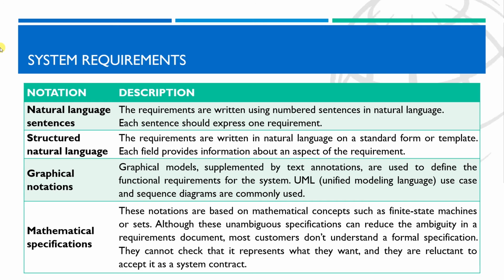Ideally, the system requirements should only describe the external behavior of the system and its operational constraints. They shouldn't be concerned with how the system should be designed or implemented. However, at the level of detail required to completely specify a complex software system, it is neither possible nor desirable to exclude all design information.